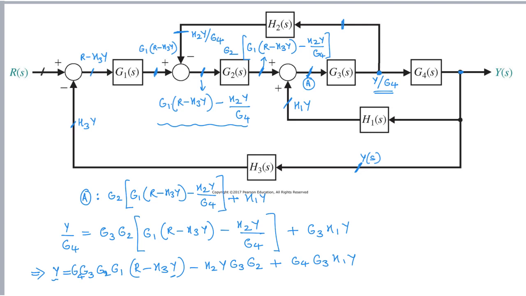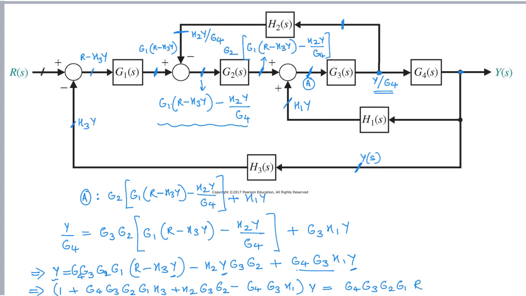The Y term is here, here, and here, right? So what you get is (1 plus G4 G3 G2 G1 H3 plus H2 G3 G2 minus G4 G3 H1) times Y equal to G4 G3 G2 G1 R.